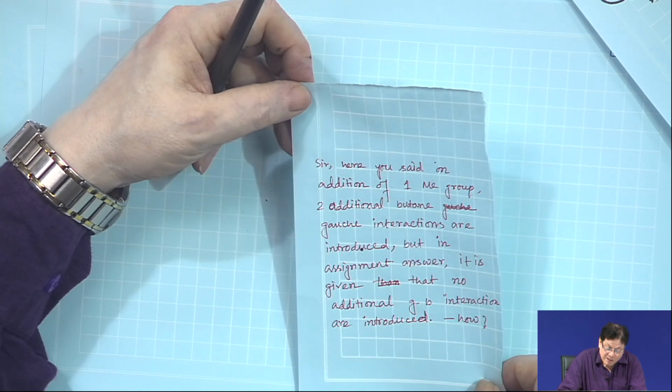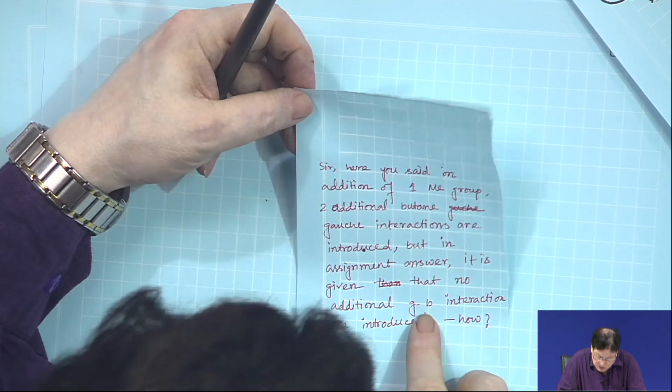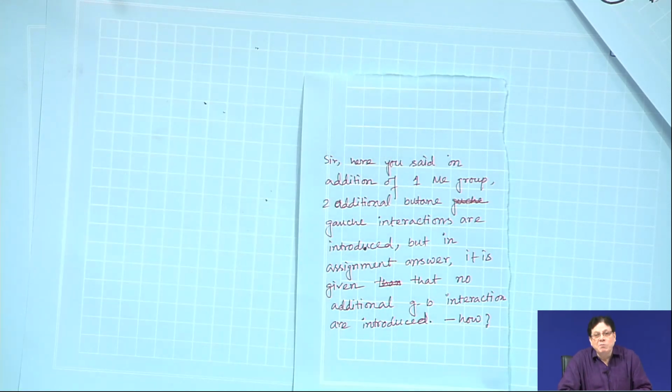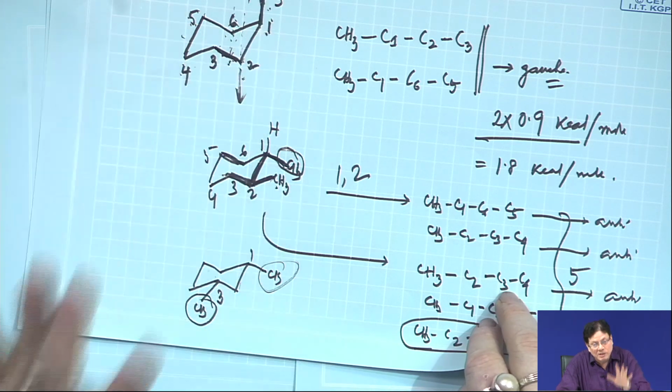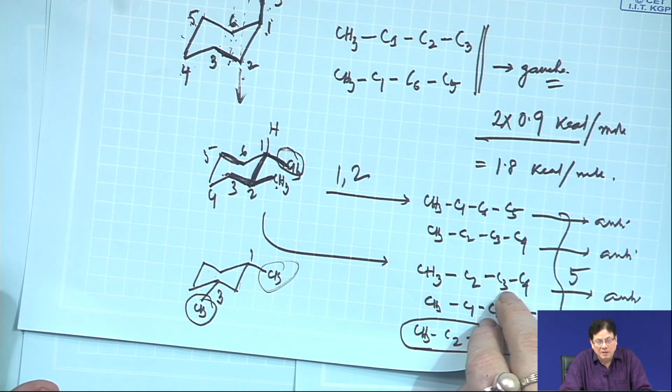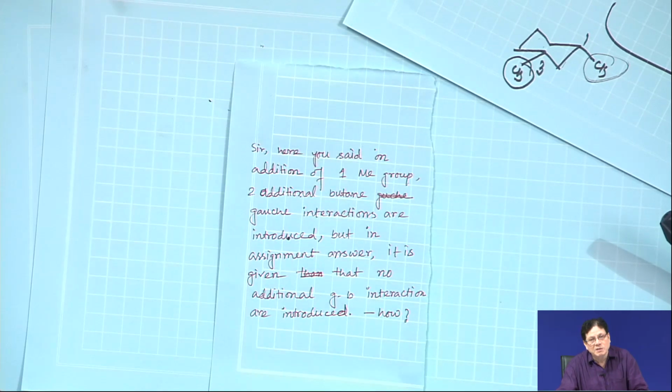See, if I ask you the number of butane units introduced, that is what I just showed: if you put one methyl, forget about axial or equatorial, you are introducing two additional butane interactions. Now, whether they are anti or gauche, that is the important thing.